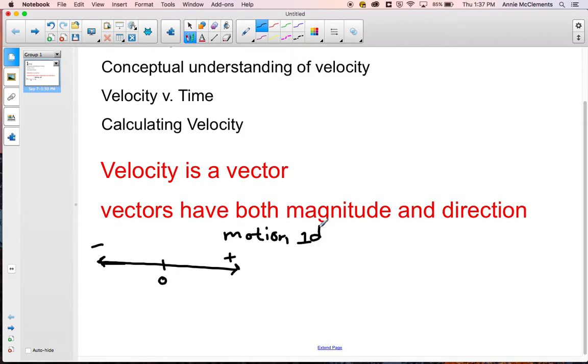So when we're talking about velocity, it's important that we know what our directions are. And to a certain extent, these are arbitrary, right? You denote which side is the positive side and which side is the negative side, right? We have arbitrarily decided what direction is north, south, east, west, right? But you have to tell your reader or me, if I'm looking at problems that you're solving, what direction you consider to be where, right?